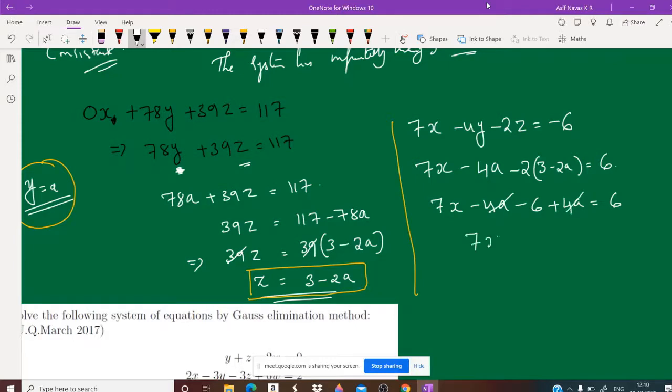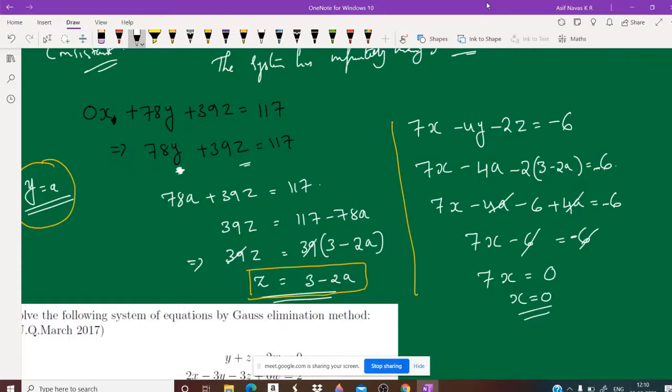So I get 7x minus 6 is equal to minus 6. So what will happen? We will get 7x equal to 0, right? And what is x? x equal to 0. Is it correct?